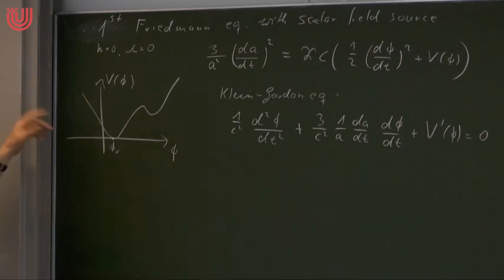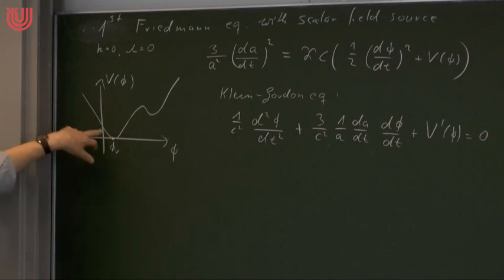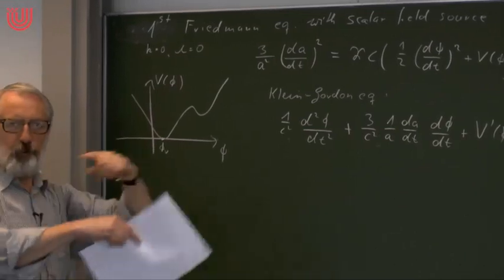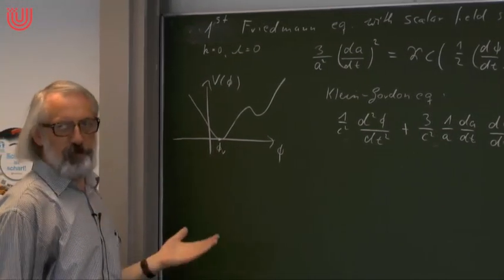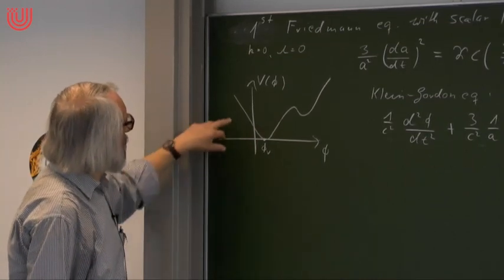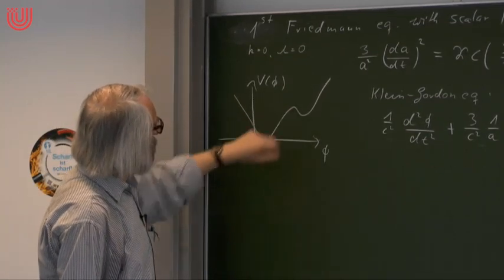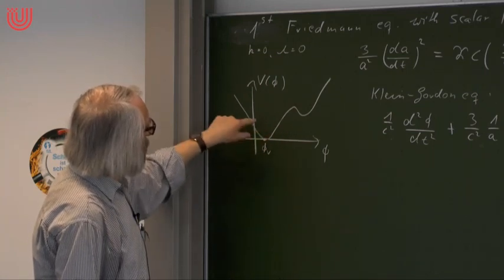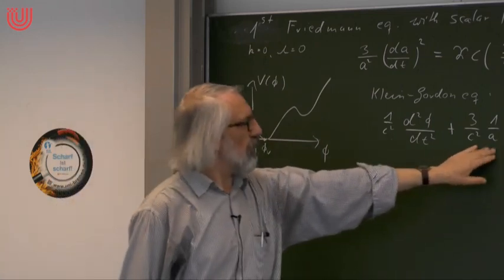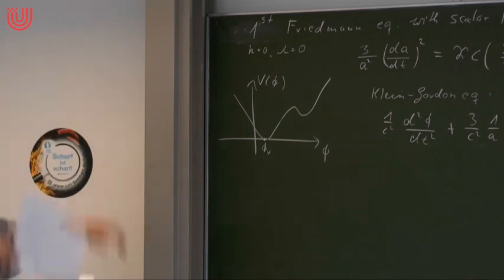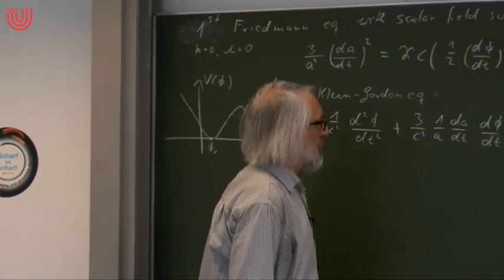Actually, it's not like an extended particle which is really rolling. I would prefer to say it is sliding with a friction term, but the standard terminology is to say it is rolling. So if you set it here and nudge it a little bit, then it will oscillate and settle down because of the damping term, provided that the Hubble function is positive. If the Hubble function is negative, it would have the additional effect of negative damping.